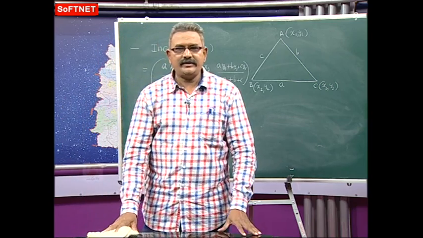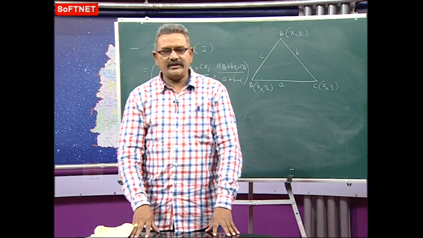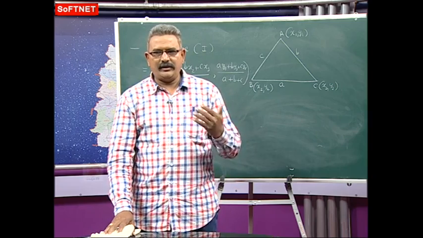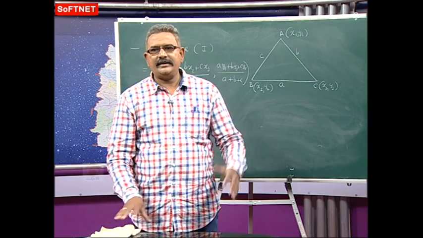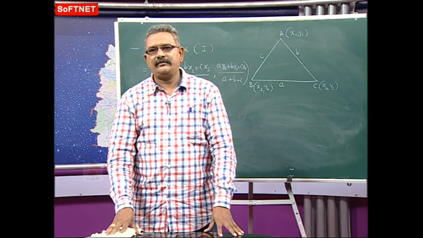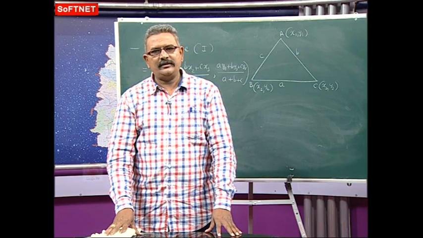So, my dear friends, so far we have discussed the centers of the triangle, that is the centroid, orthocenter, circumcenter, and in-center in detail. In the next classes we shall discuss problems on them. Thank you for watching. Thank you one and all.